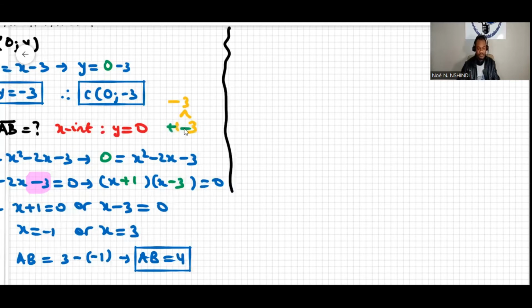I'm going to write here 5.1.3. We are looking for the coordinates of D, and we say that D is a turning point.